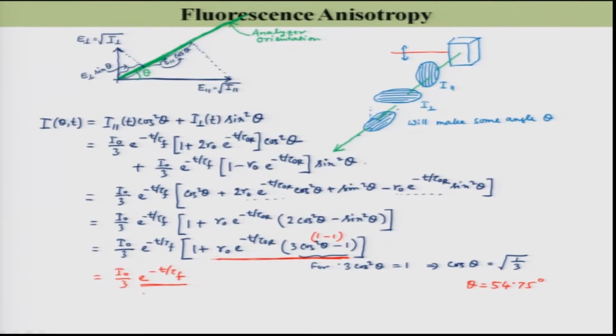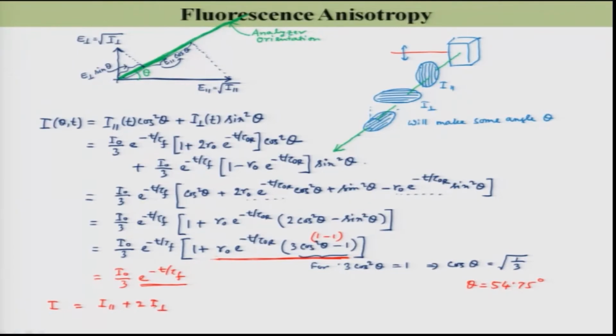If you just simply take I parallel plus 2 I perpendicular, suppose you have collected the fluorescence decay I parallel and I perpendicular, and then you do I parallel plus twice I perpendicular.